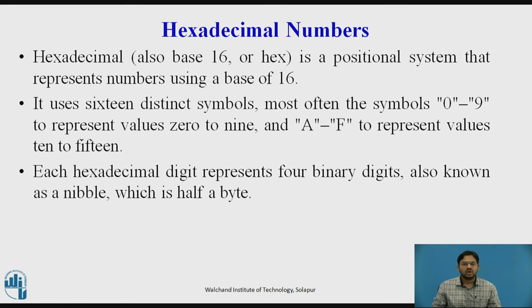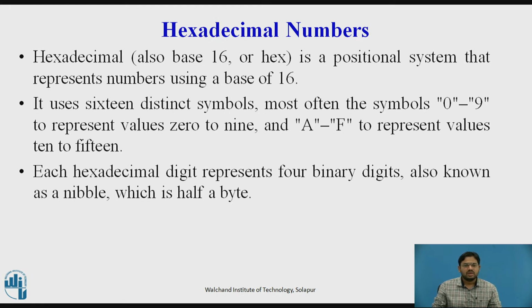Now you can compare hexadecimal to decimal. Decimal has only 10 symbols, hexadecimal has 16 symbols, and the 6 extra symbols, A to F, represent the numbers 10 to 15.